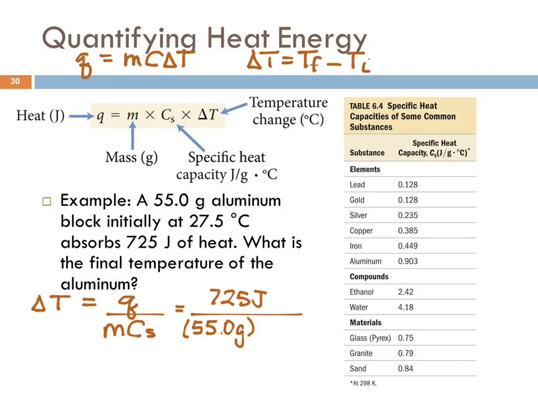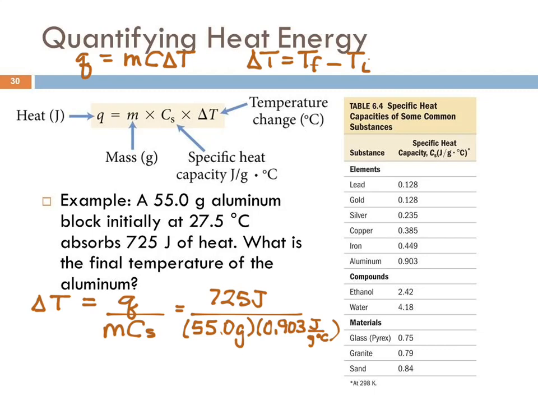We need the specific heat capacity. When you're doing homework problems, you may have to go into the book and look for it. It's in table 6.4 in your textbook. So we look on there, we find aluminum. Specific heat capacity is 0.903. Write down the units, joules per gram degrees Celsius.